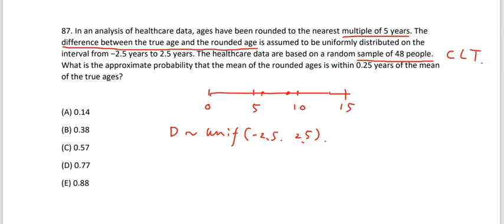Then for those 48 people, what is the probability that the mean of the rounded age is within a year of the mean of the true age? We're talking about the average, the bar average.